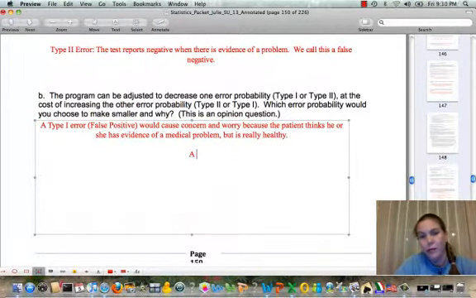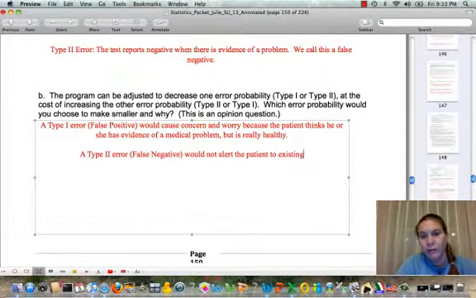Okay, a type 2 error, which we call the false negative, would not alert the patient to existing health problems.